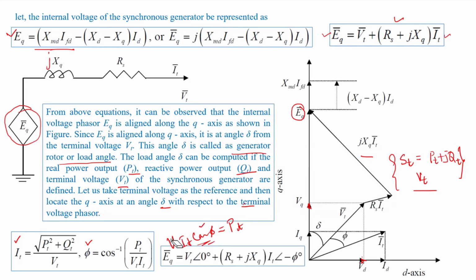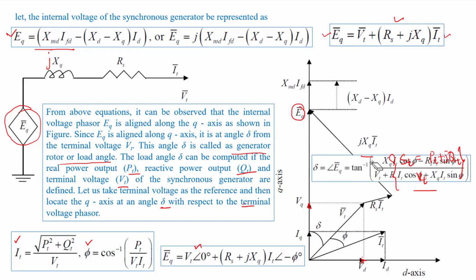Okay, so EQ bar, now I can write it. If I take terminal voltage as the reference voltage, then I can write EQ as equal to Vt plus (Rs plus jXQ) IT. So IT has an angle of minus phi, right, with respect to the voltage. So voltage is taken as the reference here. Similarly, the rotor angle can be written.